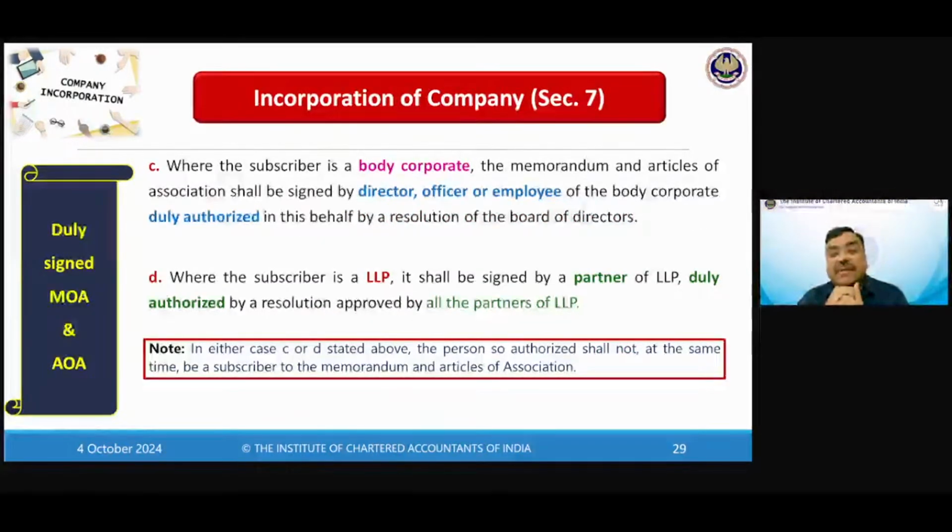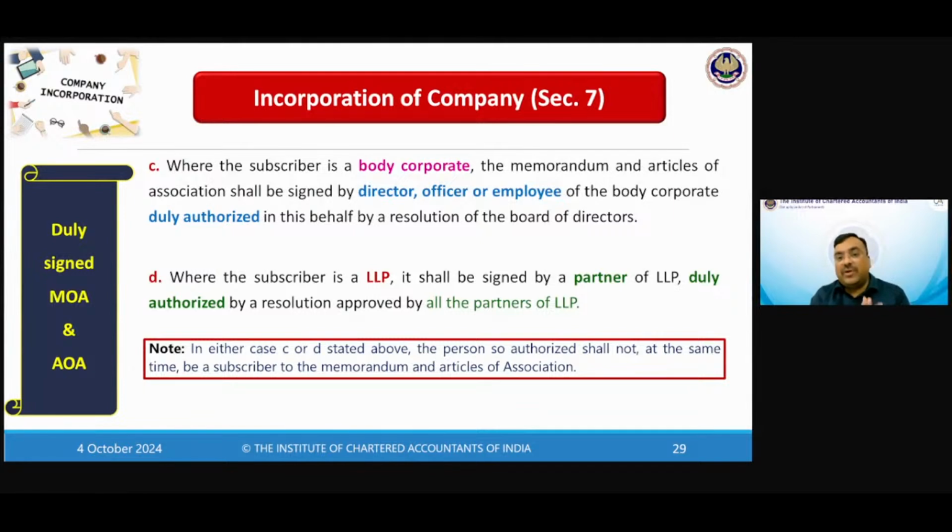Whether the subscriber is a body corporate. It means the person who is going to be a member of the new company is a body corporate, not a natural person. The MOA and AOA shall be signed by the director, officer, or employee of the body corporate, which is duly authorized for this purpose by the directors through a resolution.